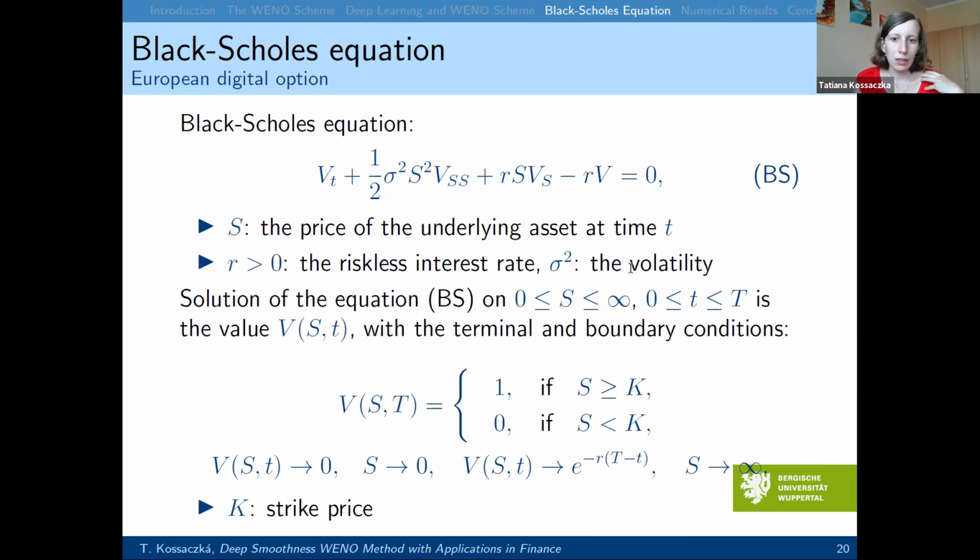We applied our method to the example of a digital option, because the digital option is a benchmark example where a strong jump discontinuity appears in the terminal condition. So our method could be seen as a method which could be used efficiently for solving this equation for a digital option.